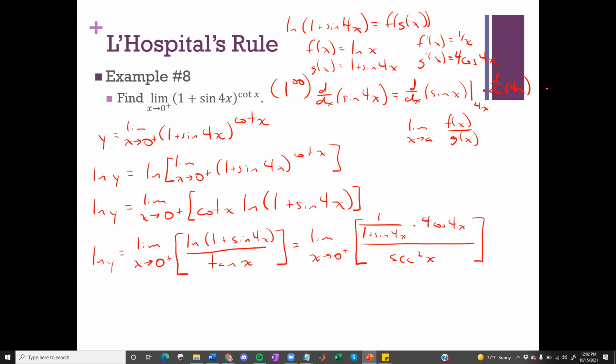In this case, I'm putting it there because when I find this limit, I'm still going to have to figure out what y is, because of what I did at the outset.